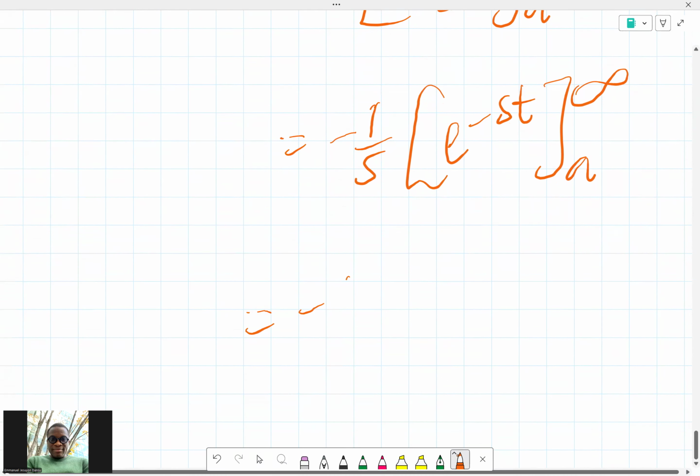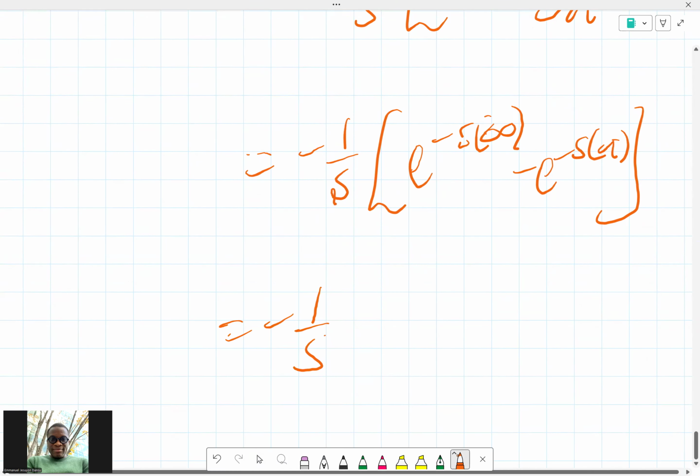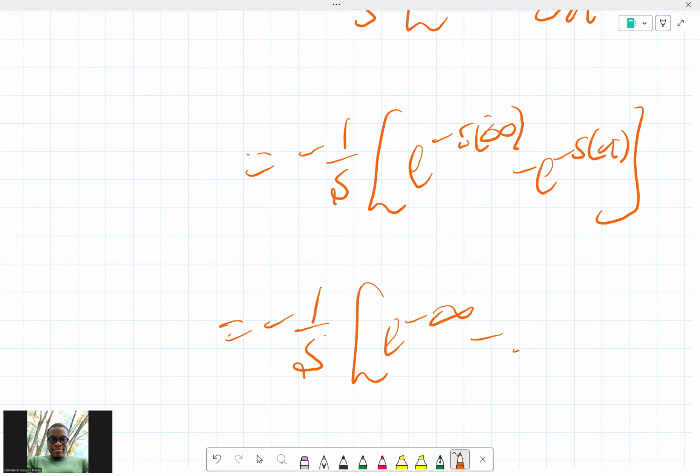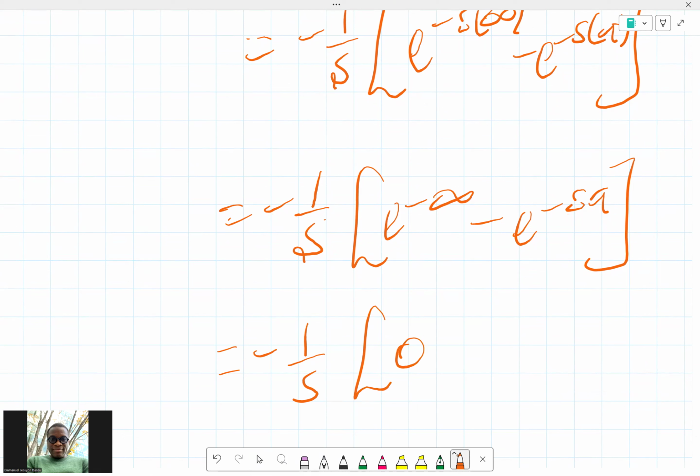That's minus 1 over s times e raised power minus s infinity minus e raised power minus sa. This is equal to minus 1 over s into e raised power minus infinity, which is simply 0, that's 1 over infinity, and this is minus e raised power minus sa, or as.